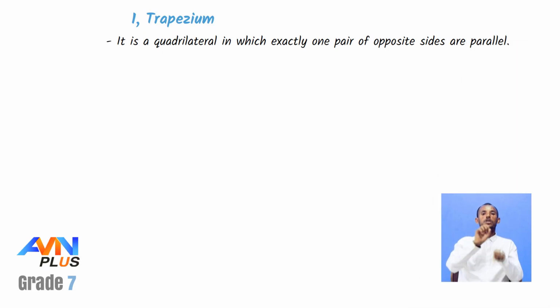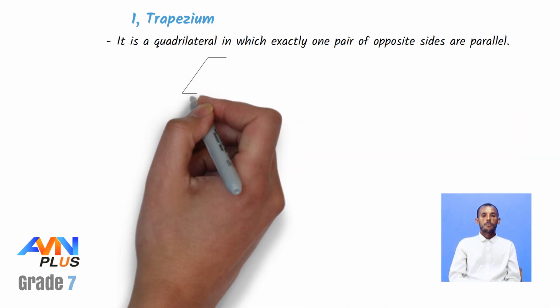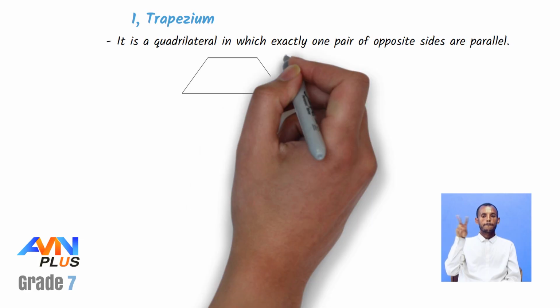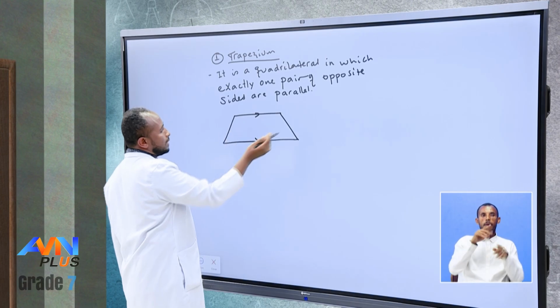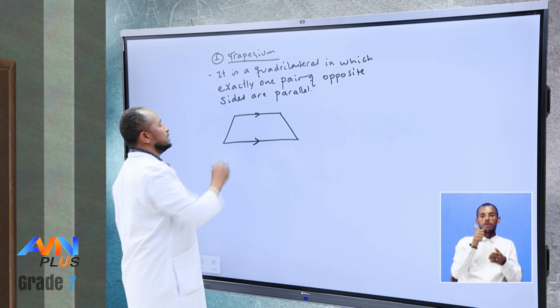So here the trapezium has this form. These two sides are parallel and these two are not parallel. In this case, we can say this is a trapezium.